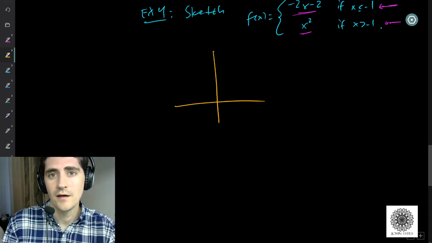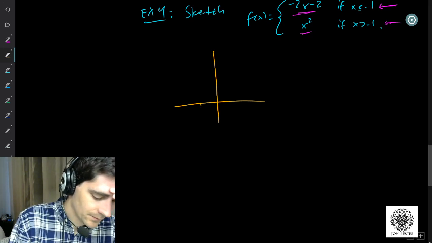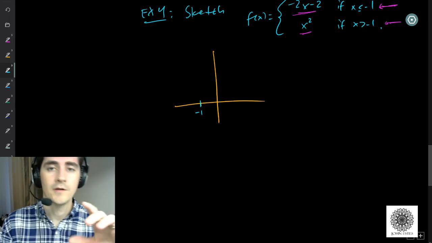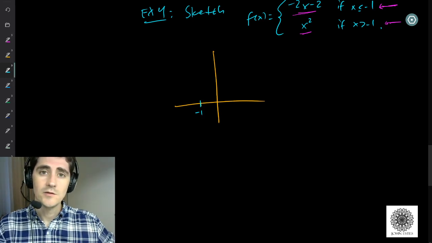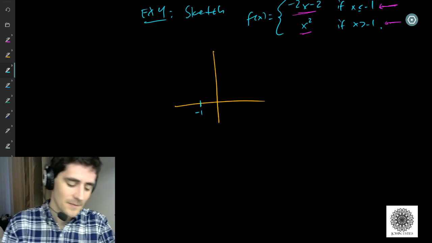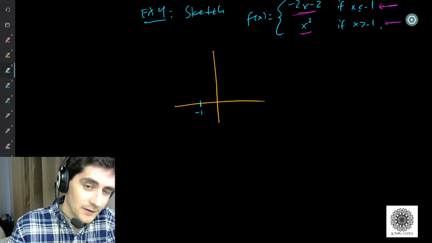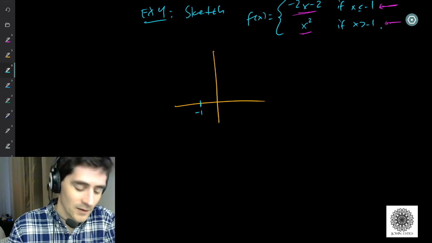It looks like x squared. So starting here at -1, -1 is my dividing line where this function jumps from -2x minus 2 to x squared, okay? So at -1, if I plug -1 into x squared, that becomes a +1.